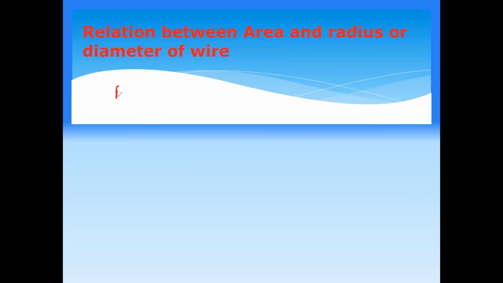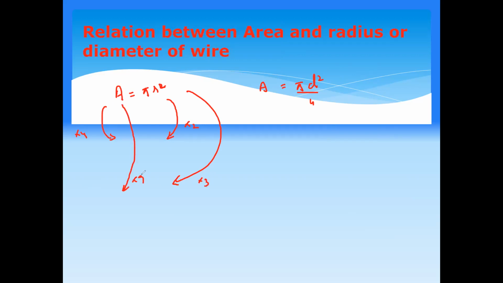We have the formula area equals pi r square, or area equals pi d square by 4. If we double the radius, the area will increase by a factor of 4 because it is squared. If radius is increased by 3, the area will increase by 9 because it always increases with a square. It is r square, and the square of 3 is 9.